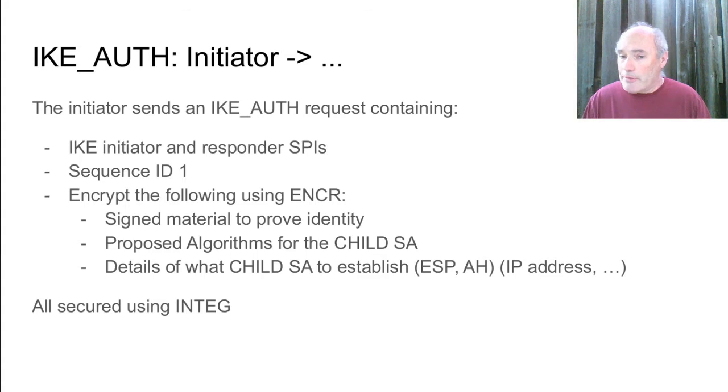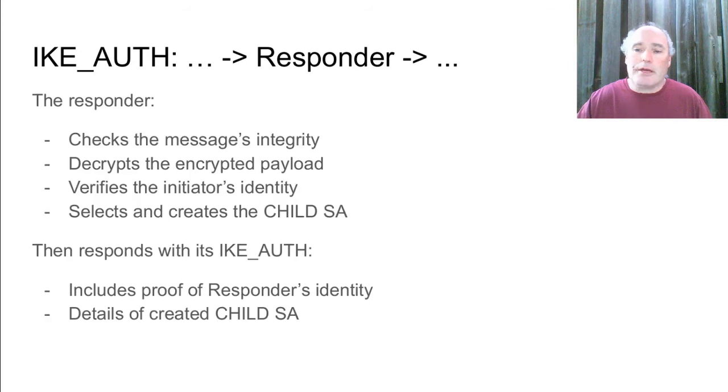The child then, in addition, if it wants to establish a child, information such as what algorithm the child should use, and other stuff such as IP address, and so on and so forth. A basic exchange always has a child, but if you're doing more sophisticated things, you can leave it out. And most of it is secured and tied up and safe.